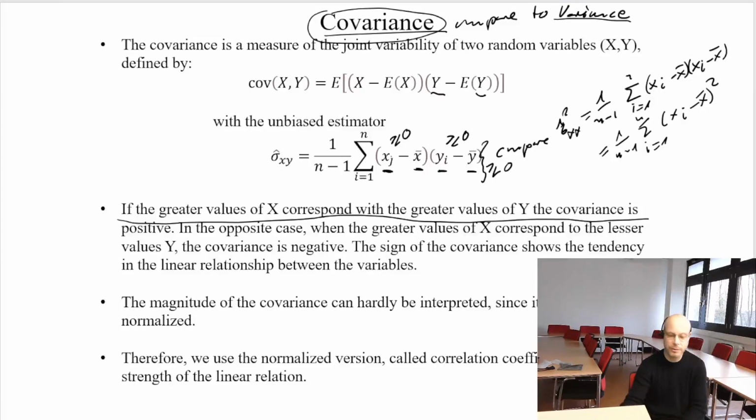But of course, with this concept of covariance, we cannot really quantitatively interpret this number, because this can be high, this can be low, and you see here, if we just change the units in which we are measuring our variables, then this number goes up or down.